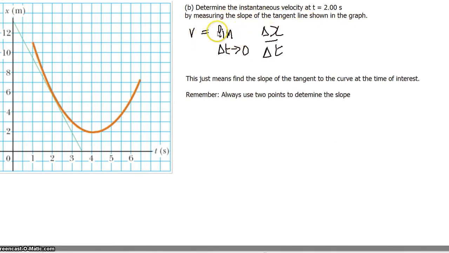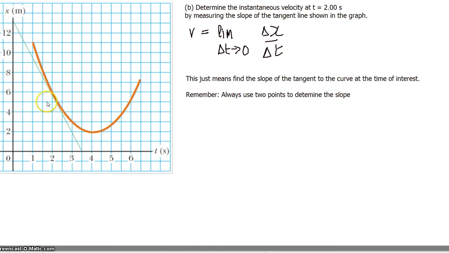Part B is determine the instantaneous velocity, and we use the definition of instantaneous velocity, the limit as delta t goes to 0 of displacement over time. Delta x over delta t is a velocity, of course, and delta t heads towards 0. This just means find the slope of the tangent to the curve at the time of interest.